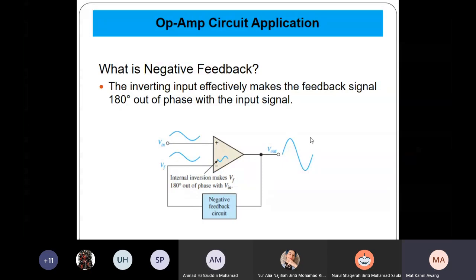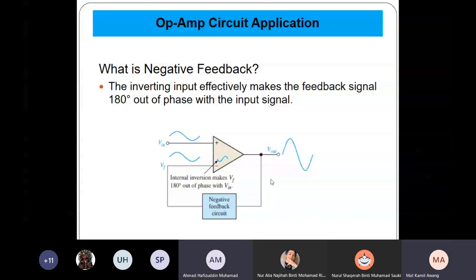This is an example of the circuit configuration for negative feedback, where part of the output is fed back to the negative input terminal of the OpAmp. So it's called negative feedback. Any question on negative feedback? No question.